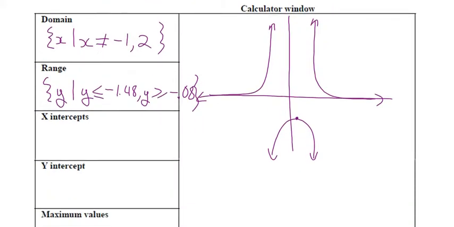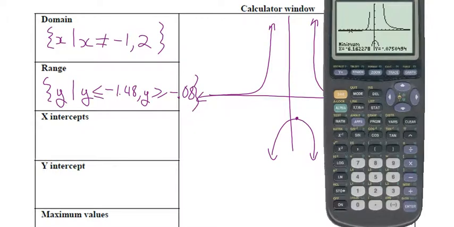X-intercepts. How do we find x-intercepts? So I like to go y equals 0 and just find the intersection. Right, you can also do the zeros. So second, how many are there? Okay, yeah. And where is it? It's going to be over here somewhere.